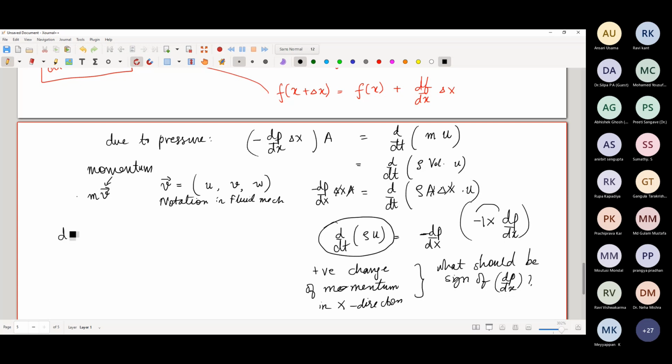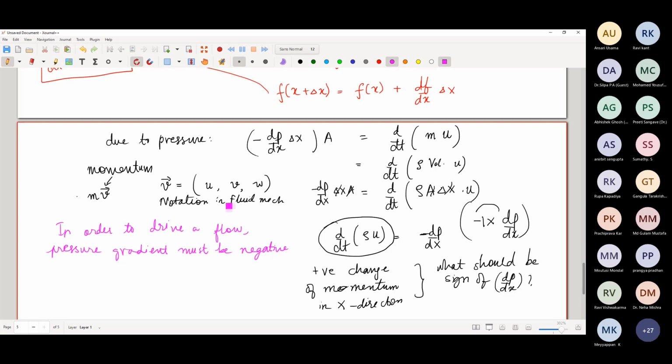So we say that in order to drive a flow, the pressure gradient must be negative. And this is exactly what someone just mentioned.